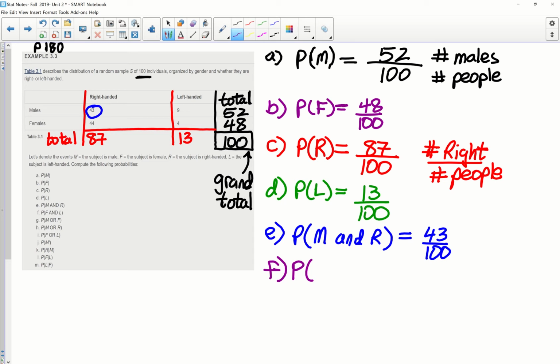So F and L. So female and left-handed, so we're looking at the intersection between those two categories. Find where female and left-handed come together, and you see that there are 4 individuals who are female and left-handed.